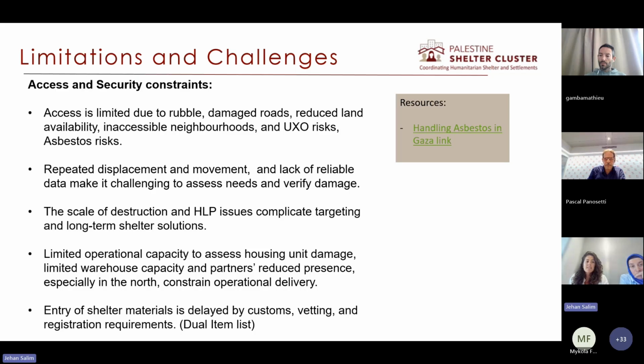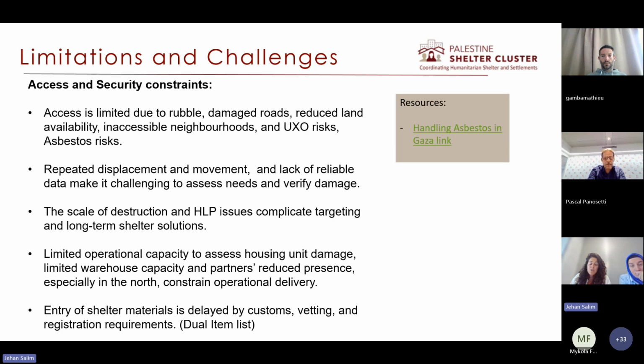There's also limited capacity in assessing housing unit damage, and also limited space for warehouses. So if any items are delivered, where do you place them, and how do you distribute them after, especially in these inaccessible areas.